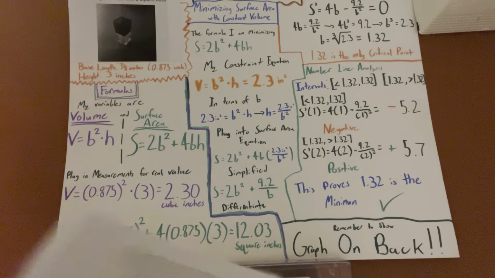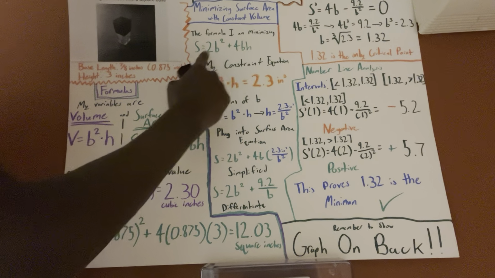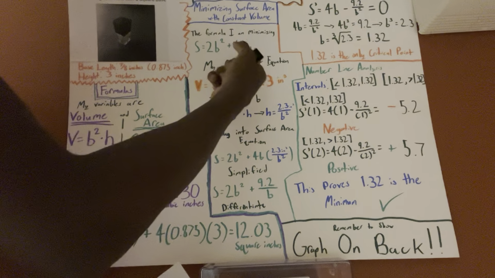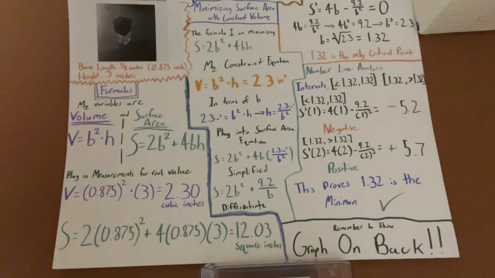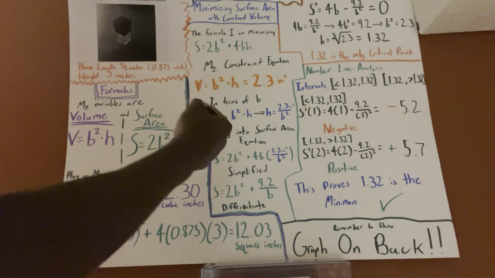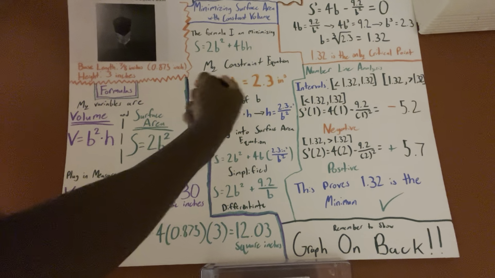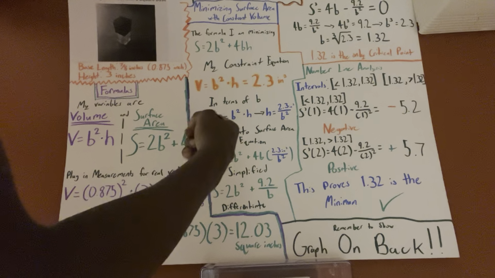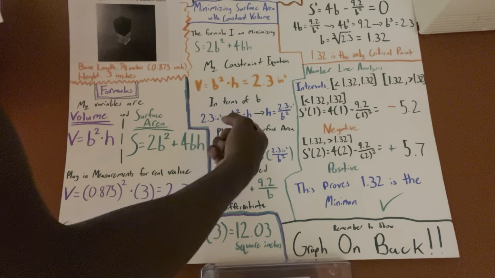To get into it, first I want to express the surface area equation in one variable because, as you can see, I have base and height. I chose to express it in terms of base length, so in terms of B. To do that, I take the volume formula and put H on one side. So 2.3 cubic inches equals base length squared times height.